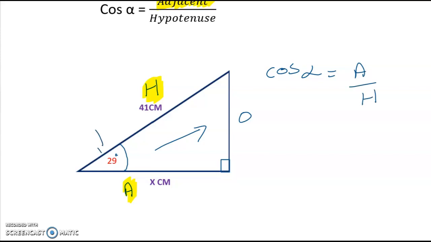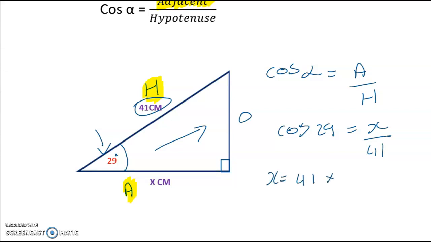So my angle here is 29 degrees. So cos of 29 is equal to my adjacent, which is x, over my hypotenuse, which is 41. Multiply both sides by 41 gives me x equals 41 times cos of 29 degrees.